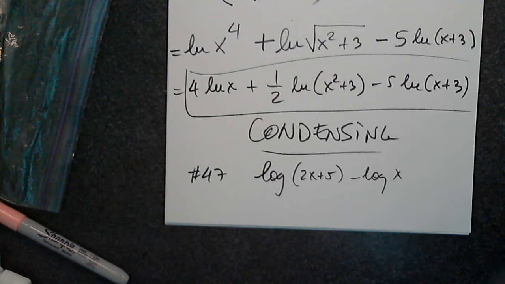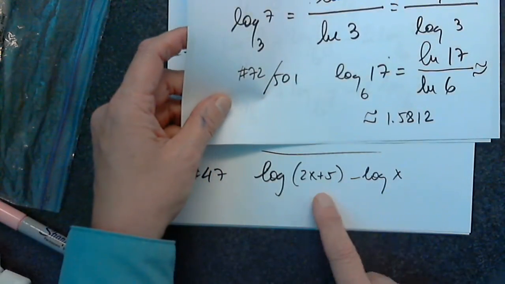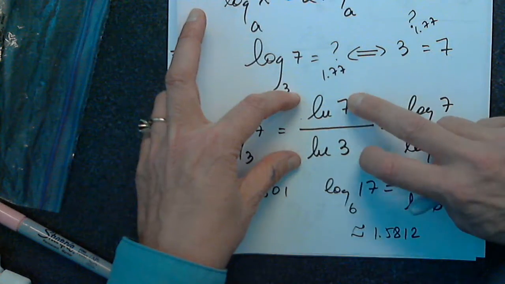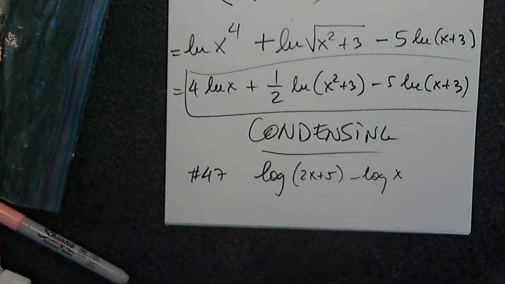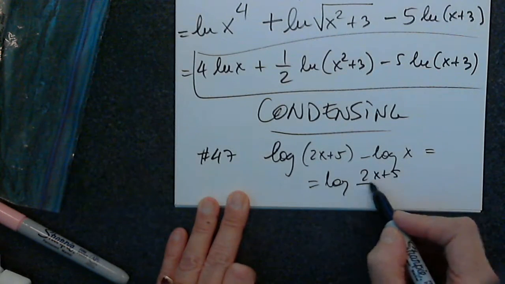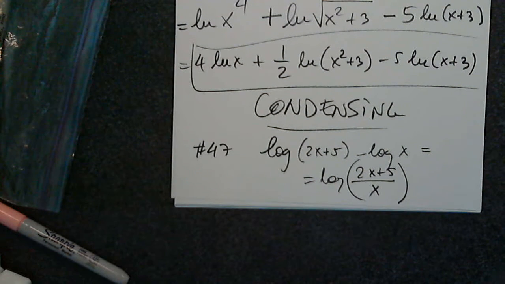I can't stress enough, do not confuse what happens here with this. It's not the same. This is a ratio of 2 logs, totally different story. And this will be log of 2x plus 5 divided by x. Log is applied to this quantity.